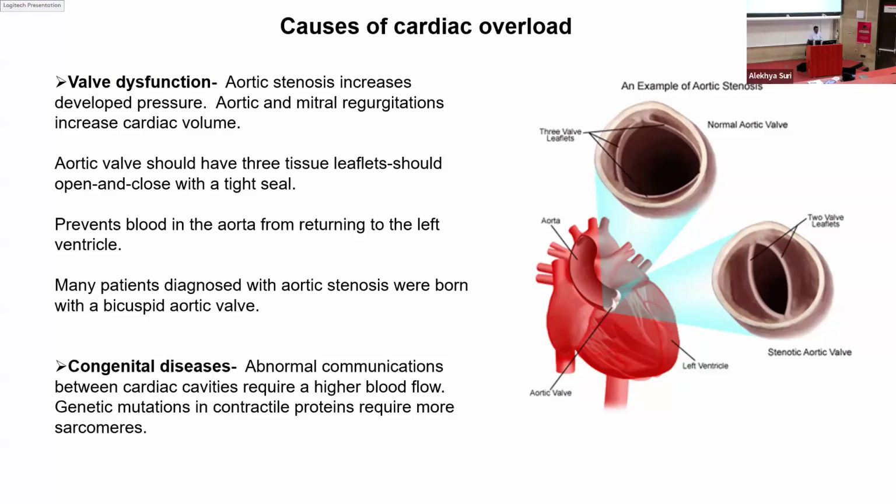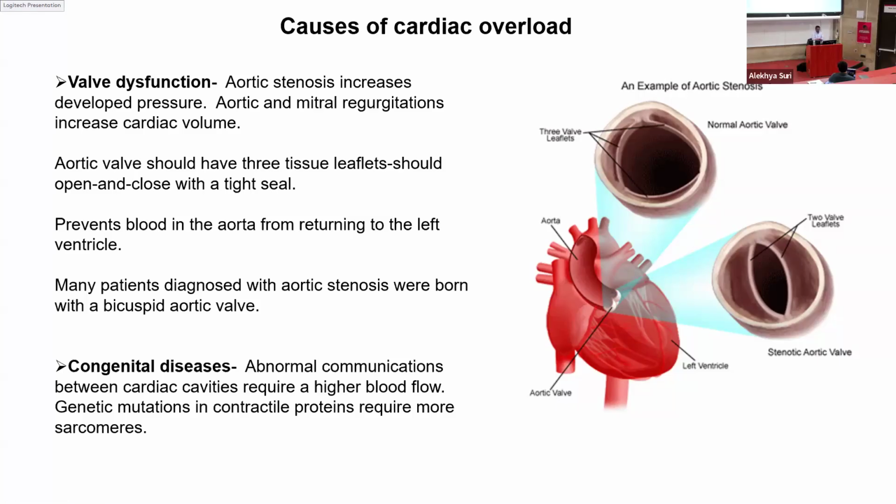And if there is any kind of congenital malformation in these septa, that will cause miscommunication between the left and right part of the heart, which will result in hypertrophy.